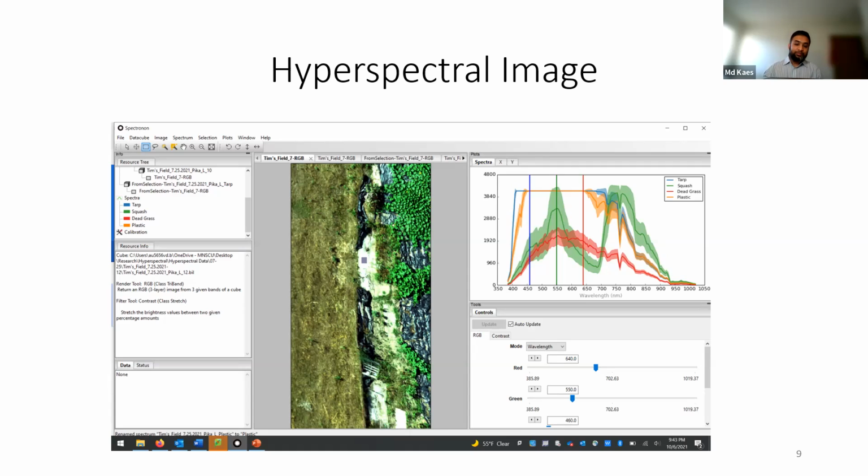Around the 750 nanometer band, we can see a peak of the green solid line, and this is actually the chlorophyll peak, which has been captured from the squash plant. Machine learning algorithms can identify the difference in the spectral curves and accurately classify the different things in the scanning area and show them in a color classification map.